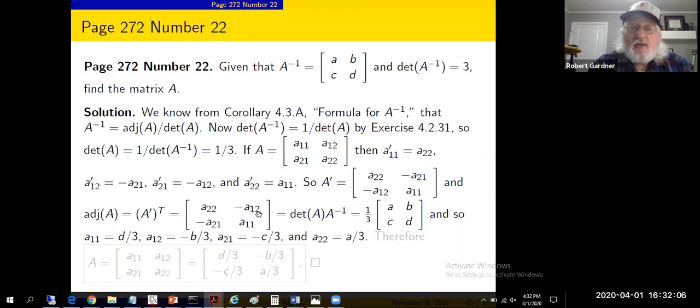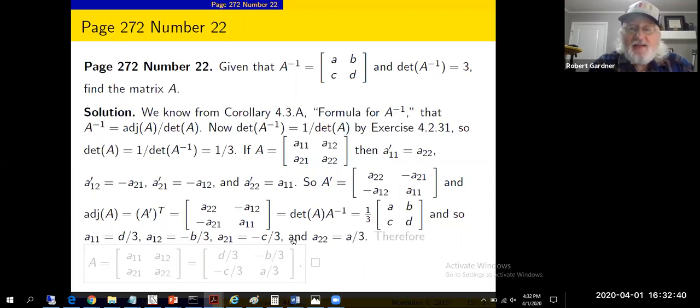If negative A sub 1, 2 is B over 3, then A sub 1, 2 itself is negative B over 3. This thing here, negative A sub 2, 1, must equal the corresponding entry over here, which is C over 3. So A sub 2, 1 itself, cross multiplying, is negative C over 3. This entry here, A11, must be D over 3.